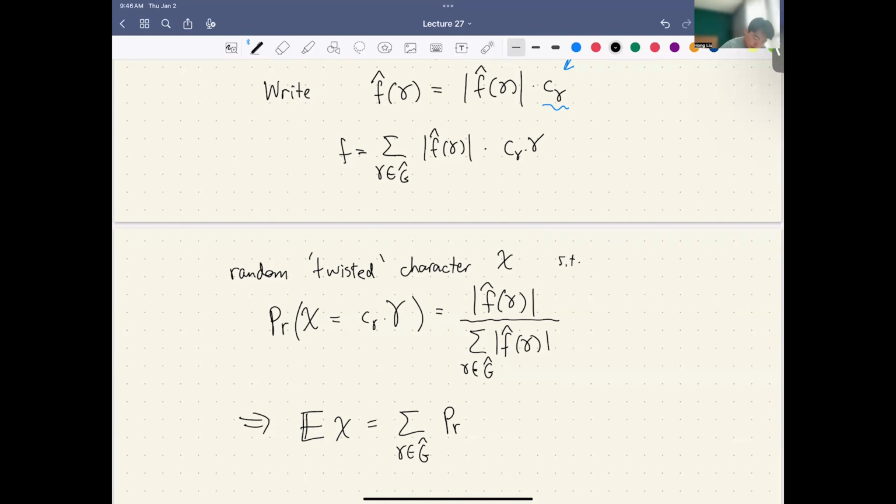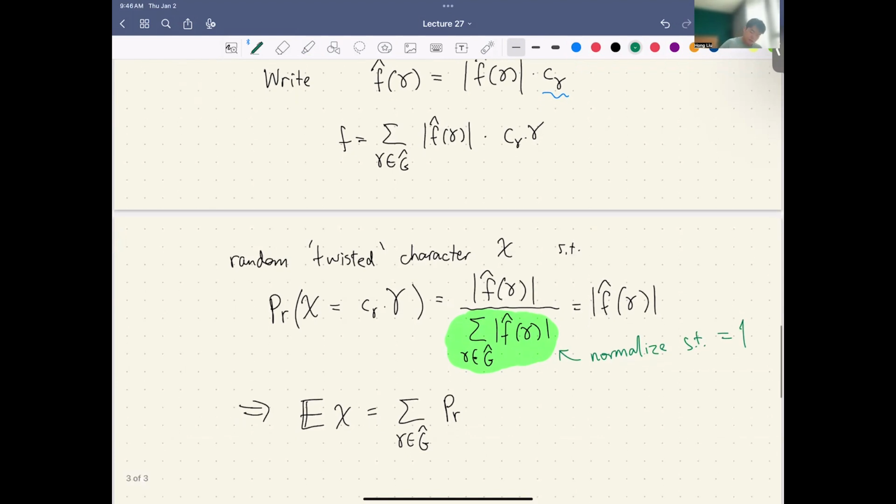Okay, so actually, let me normalize. We can do normalization. There's no harm doing that. So that the little L1 norm is 1. Such that this equals to 1.